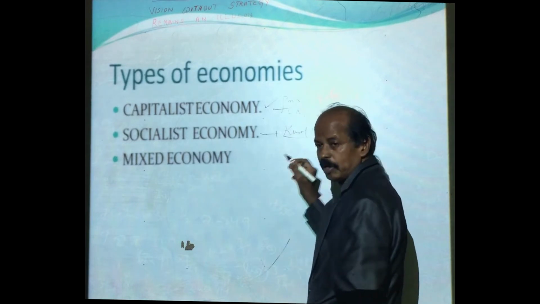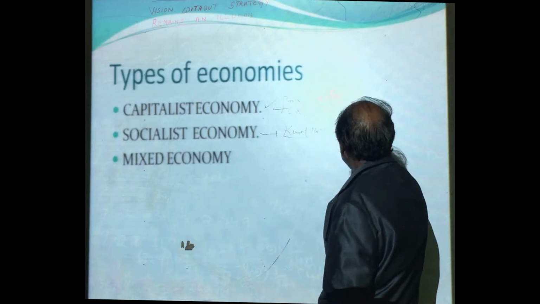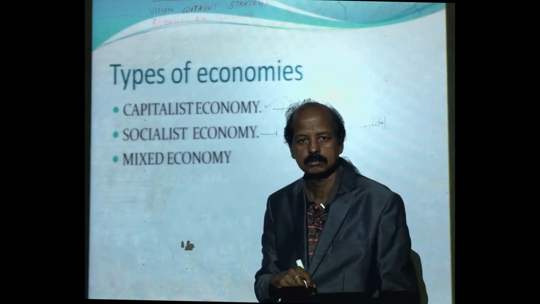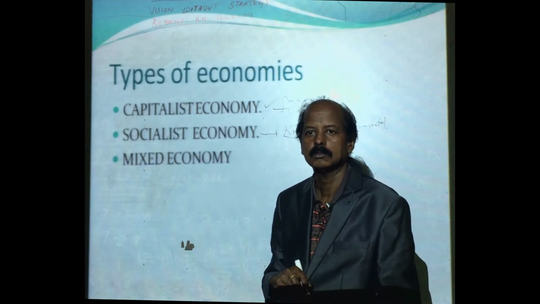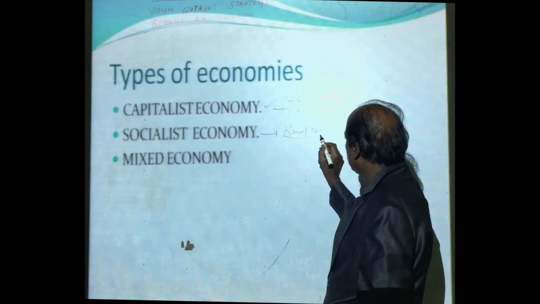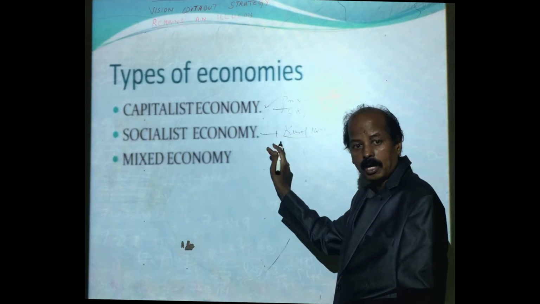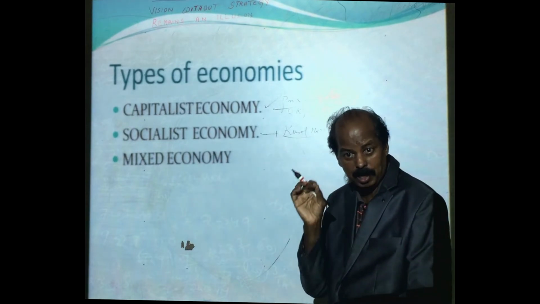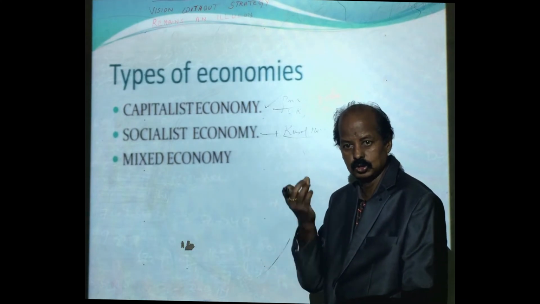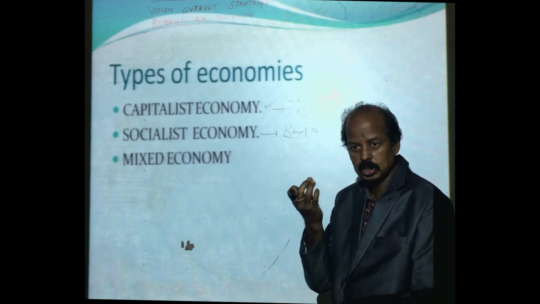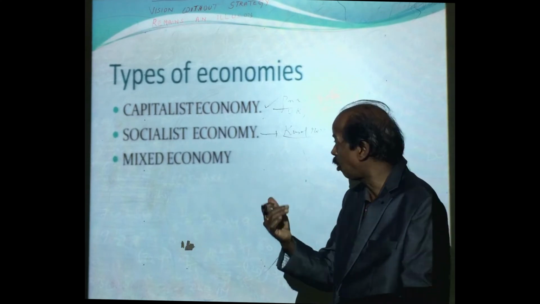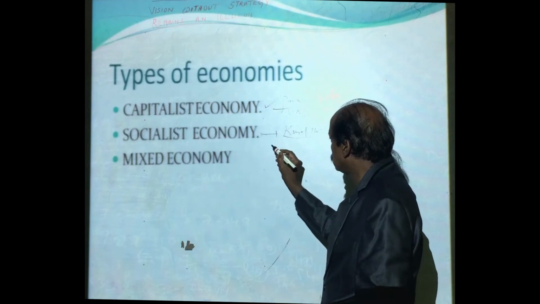Karl Marx wrote a famous book called Das Kapital. The ideologies of Das Kapital by Karl Marx helped a lot to bring about a new economic system that is called socialist economy.